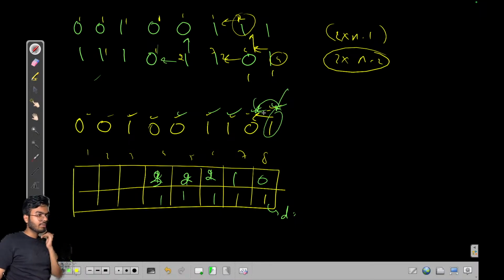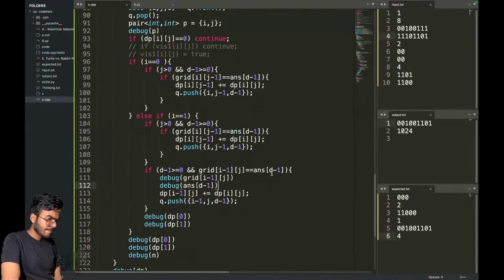So the next element should be a 0. Yeah. I think I should just say 0 here because I am trying for 0. Or why is this giving me wrong answer?